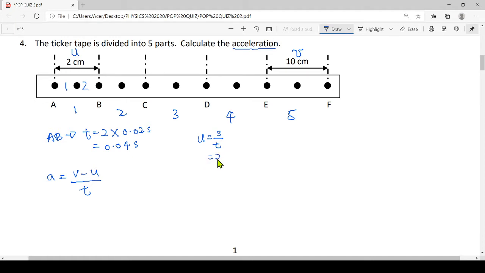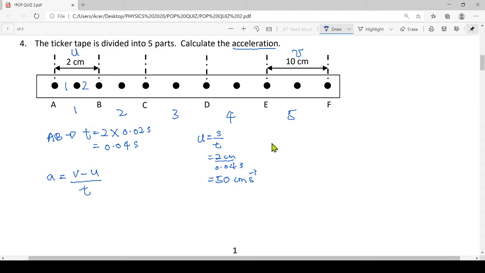Displacement is given 2 centimeter, and then the time is 0.04 second. So that shall give you the answer 50 centimeter per second.